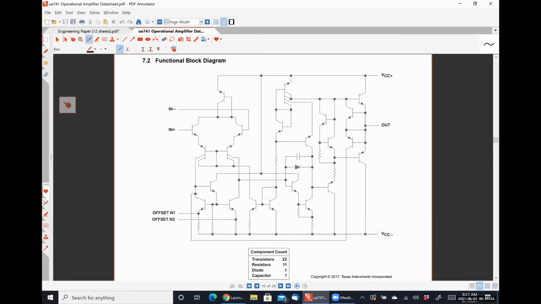So we have a circuit that contains, in its simplified state, 35 components, and we were going to analyze it as if it contained 3 and still do a pretty good job of it, okay? So that's why the practical op-amp model exists, because this is a nightmare.